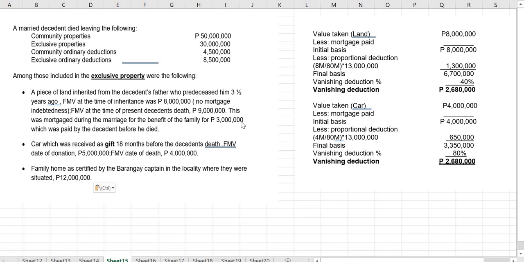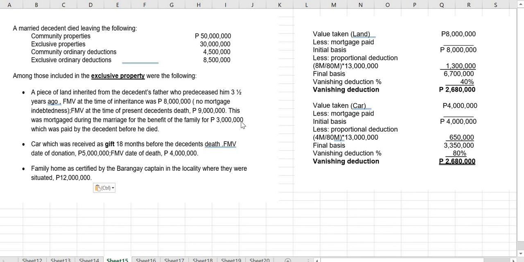Among those in the exclusive property is a piece of land inherited from the resident's father, who predeceased him 3.5 years ago. Fair market value at the time of inheritance was 8 million, with no mortgage or indebtedness, and the present fair market value is 9 million.